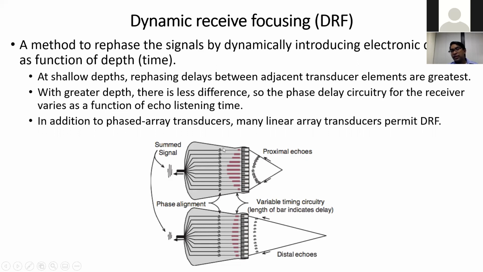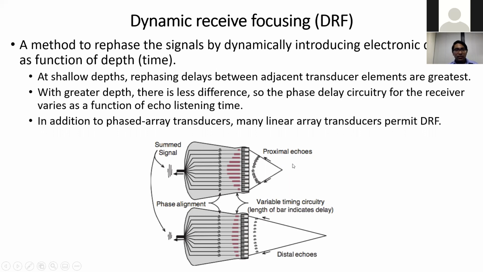So we may end up taking the 50th received value from the end element, and we might take the 35th received value at the center element, because we know that the center element travels faster. So on the receive end also we can focus, and that allows us to sum these signals coherently. So that's called receive focusing.